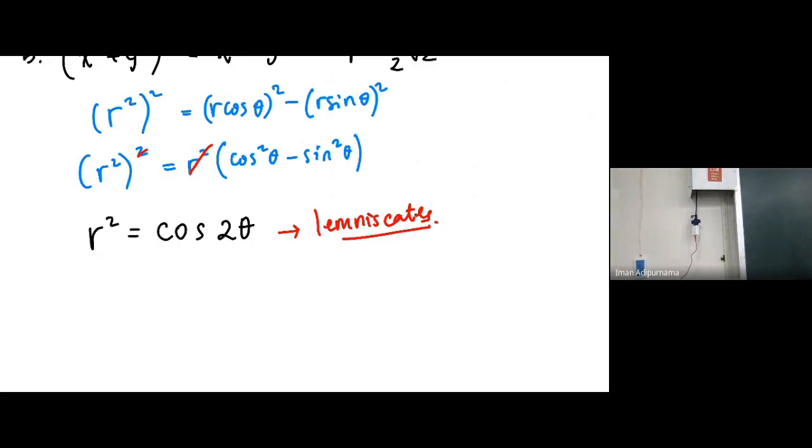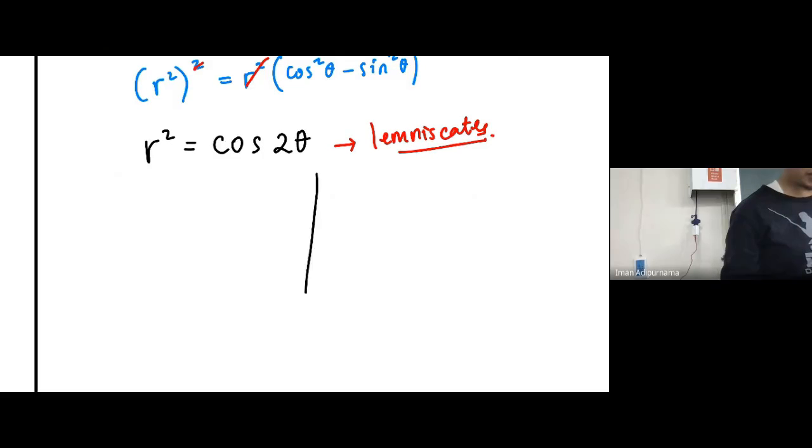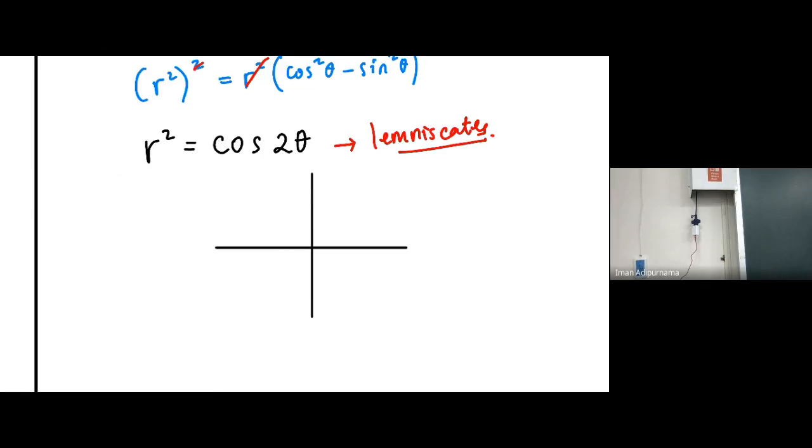Okay, most of you didn't remember the form, but I think a few of you drew this correctly. So the drawing should be, because the constant here is only 1, so the distance is 1.